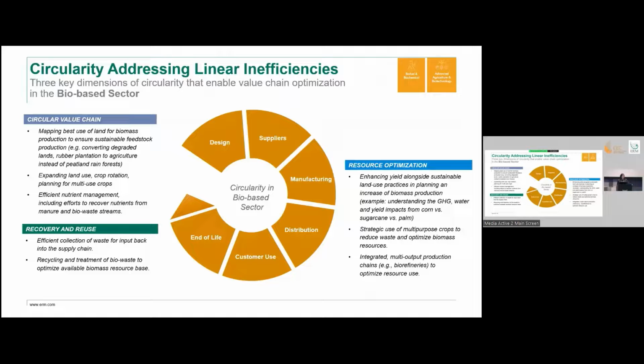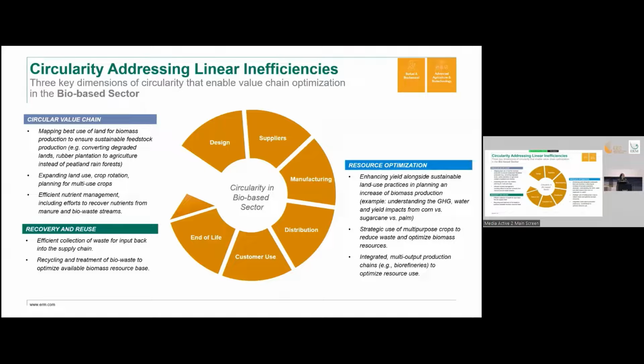For example, if you convert rubber plantation to new agriculture feedstock areas, it will have more circular impact, less land use pressure as compared to converting peatlands or rainforest. Similarly, how do you extend or rotate crops within the same land? How do you look at nutrient management?